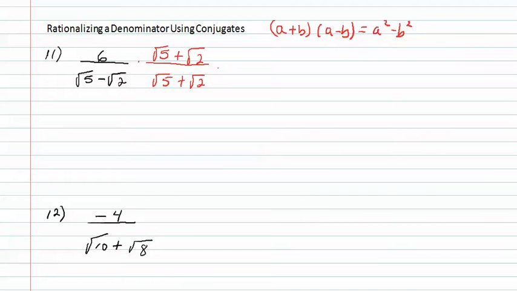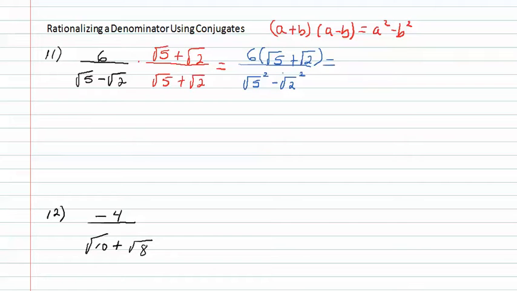Okay, what I just created here at the bottom was a difference of squares. I just created radical 5 squared minus radical 2 squared. At the top, I have 6 times radical 5 plus radical 2.